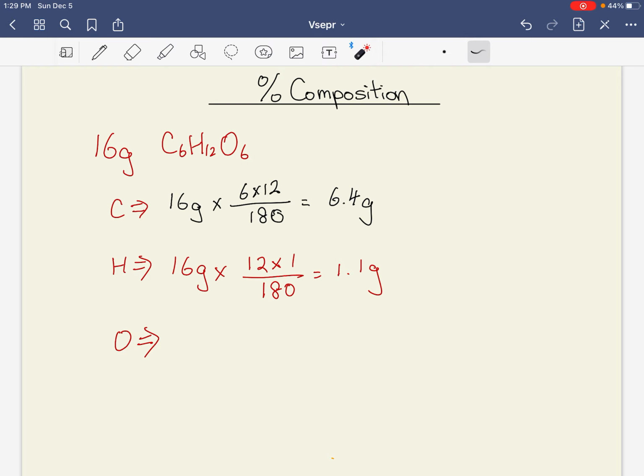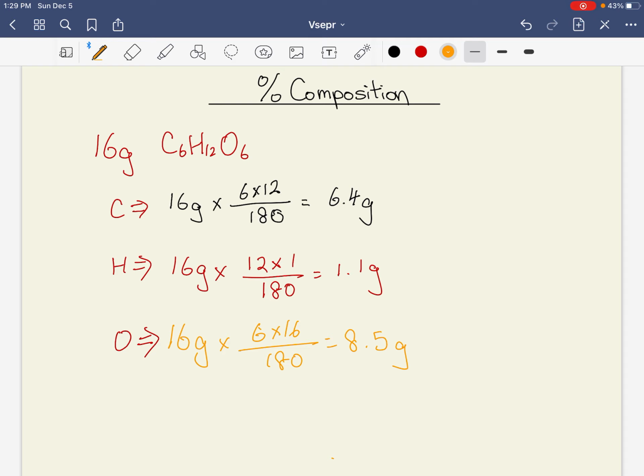Okay, so that will be, give me a second here, 8.5 grams. So yeah, here you go. This is really the same thing, but looking at mass.